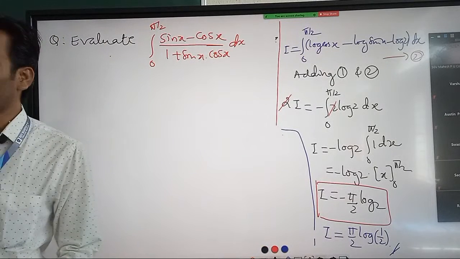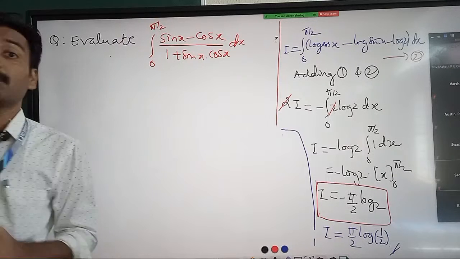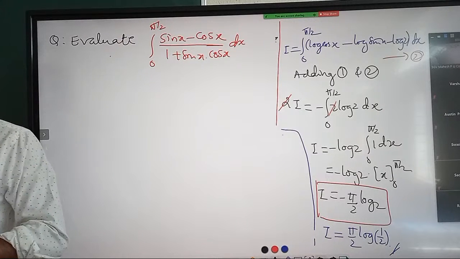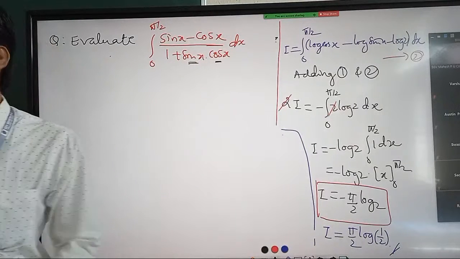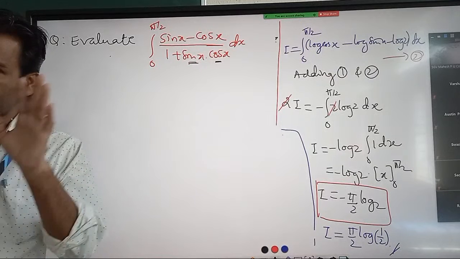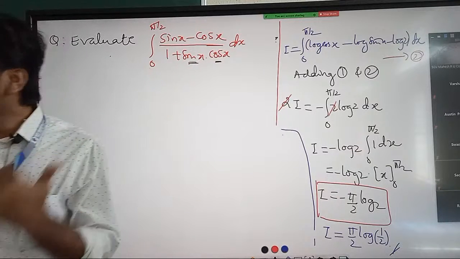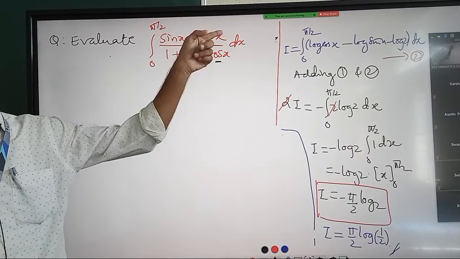If I apply the property, denominator will not change. Because 0 to pi by 2 means we are talking about the first quadrant. In the first quadrant, sine changes to cos, cos changes to sine. So this function becomes cos and this becomes sine. So denominator will not change. It remains as it is even after the property. But the thing that happens here in the numerator is the reverse. Sine becomes cos, cos becomes sine.